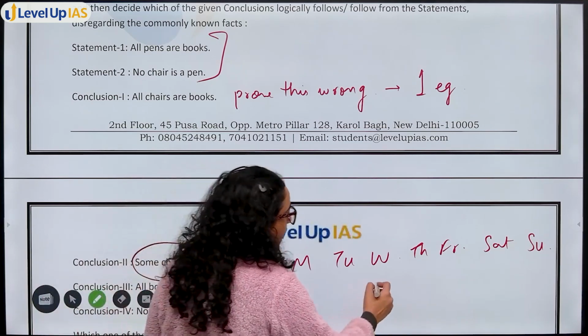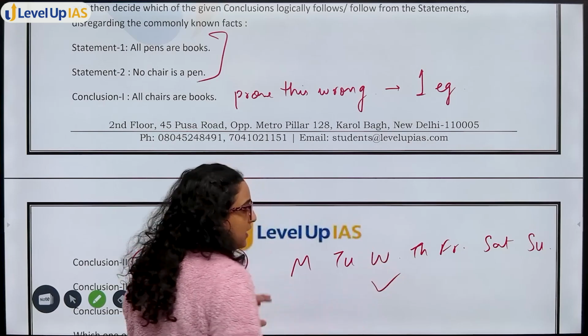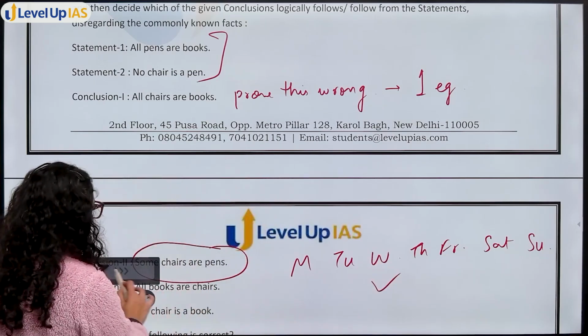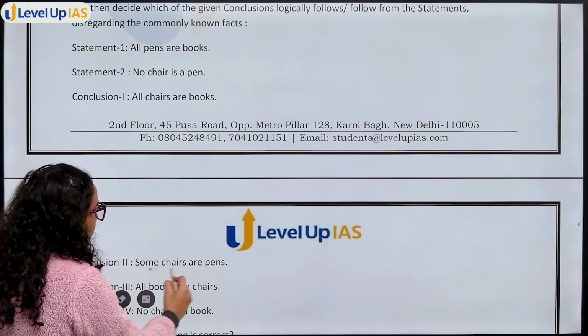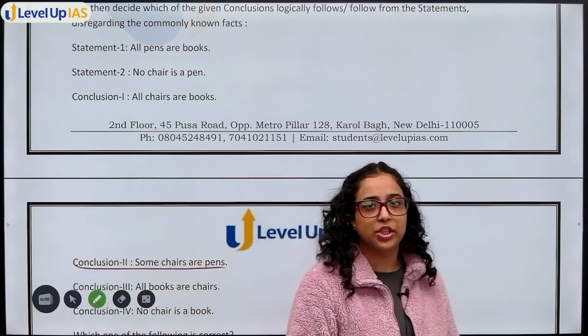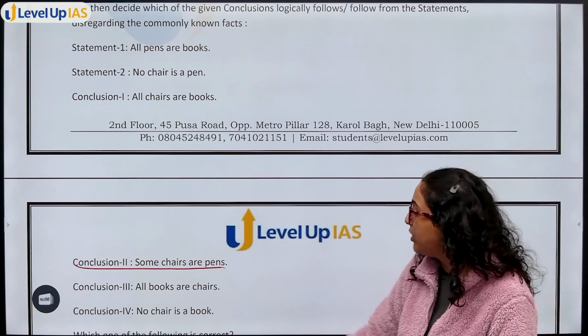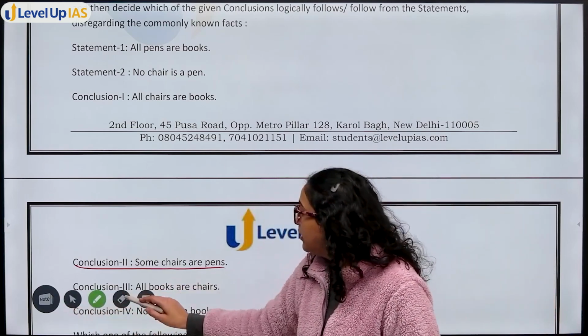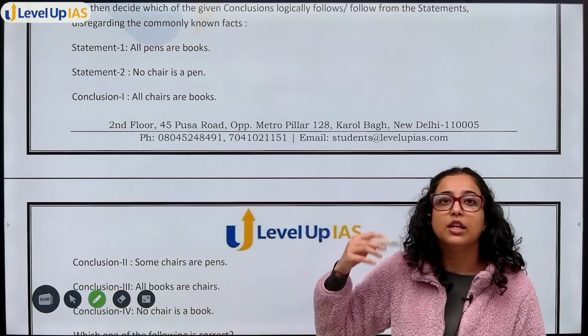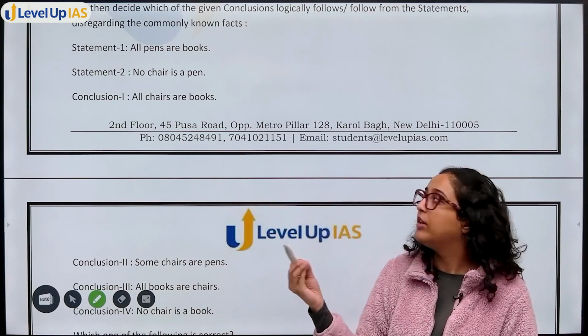Even if I take class on, let's say, Wednesday, you will say that my statement is correct. तो यहाँ पर आपको क्या करना है? In this case, you have to prove this right. ठीक है, तो आपको एक केस लेके चलना है where some chairs are pen is the right statement. Now, इतनी सारी introduction for this question, but when we'll do, you'll understand it is very very easy.